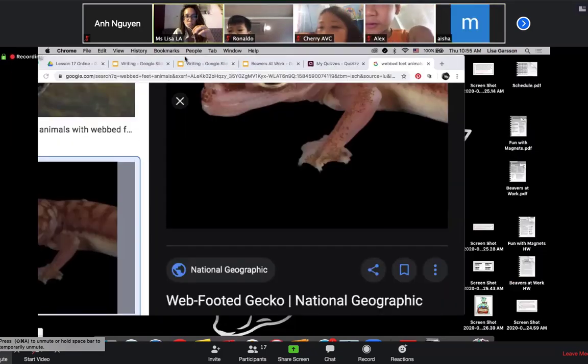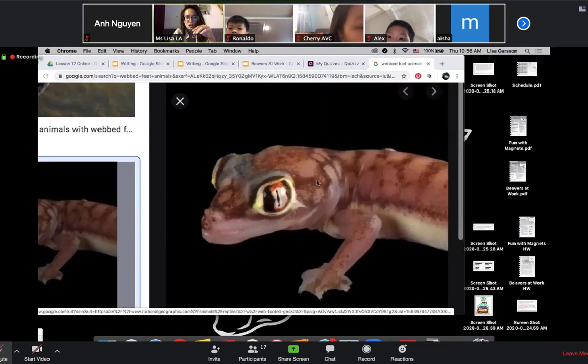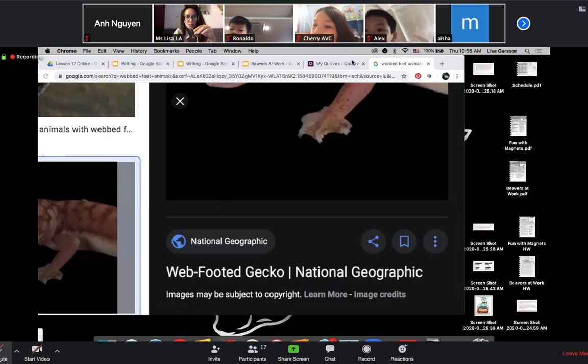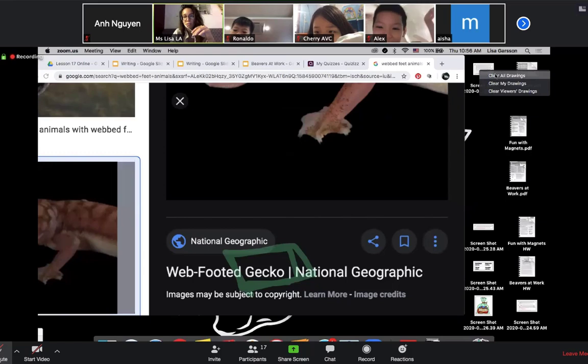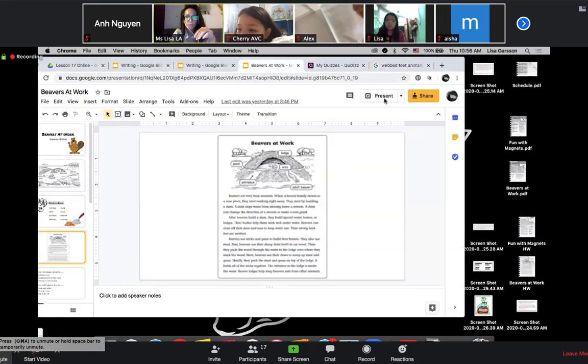You know this animal? Lisa, tell me. A frog. Is that a frog? That is definitely not a frog. What is this guy? It says it right here. Gecko. Geckos have webbed, well, I guess some geckos have webbed feet. Okay, so those are webbed feet.